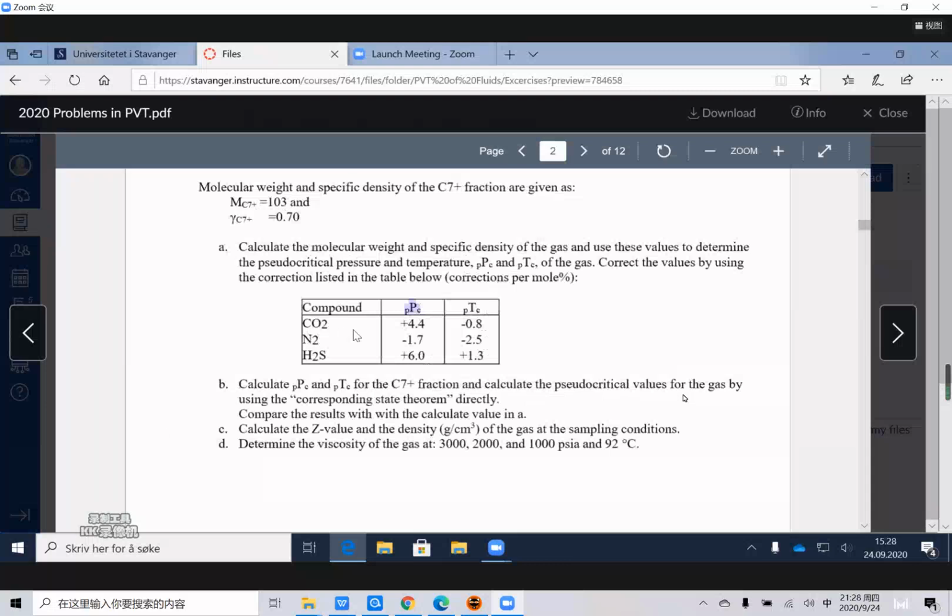For CO2 it is 4.4, so we have to add that to the pseudo-critical pressure that we found. And for N2 it is minus 1.7.